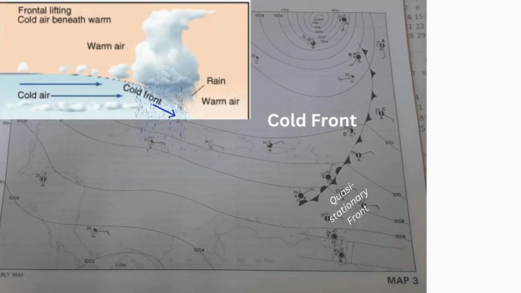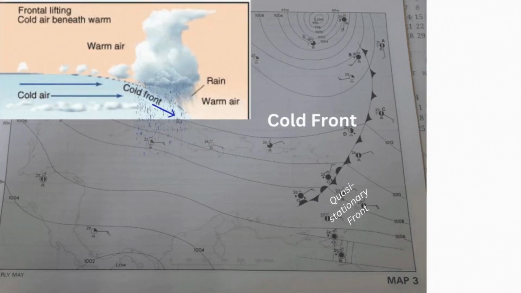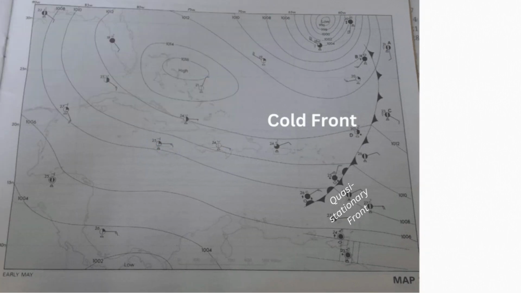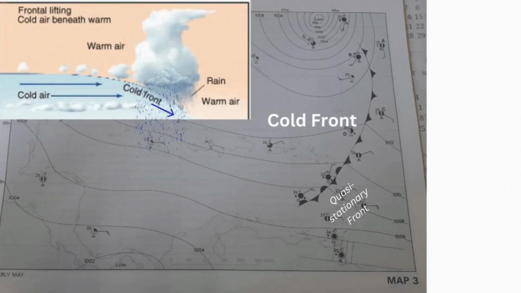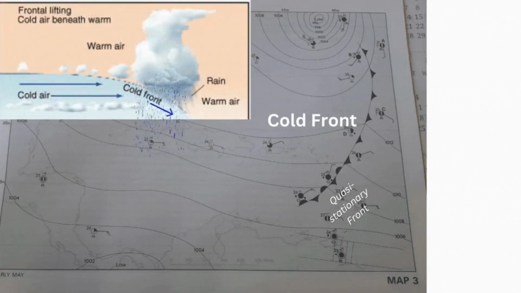The replacement of the cold air on the surface lowers the temperatures, while the rising of the moist air brings about unstable weather.